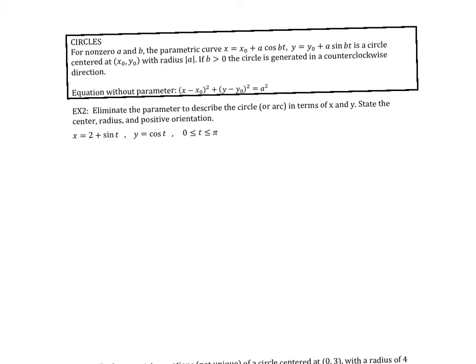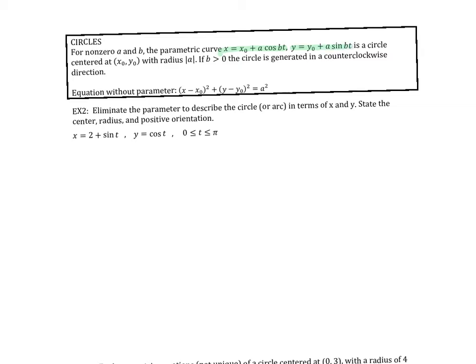Oftentimes we'll be graphing circles. What's really nice with circles is they have a generic form where the x value is going to be equal to some x sub 0 or x naught plus a times cosine of bt. And the y value can be written as y equal to y sub 0 or y naught plus a sine of bt.